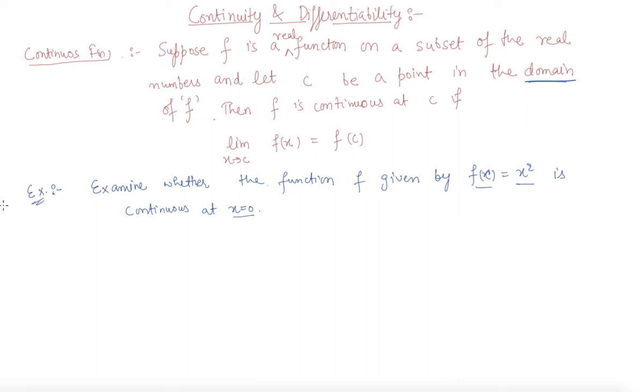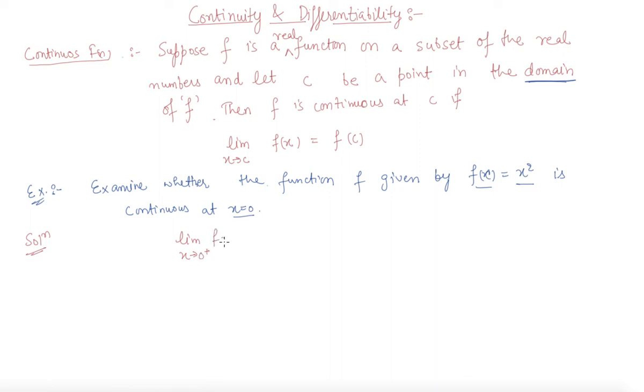We can solve this question either by limits, or if you know the graph of this function, then you can clearly state whether the function is continuous or not. Without going into the graph, let me check whether the limit of the function at x equal to 0 exists or not. I'll check the left hand limit and right hand limit as we were doing in the limits chapter.